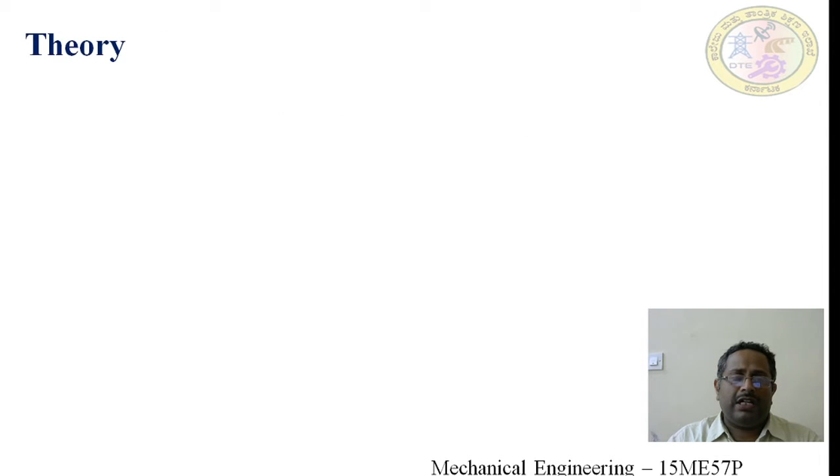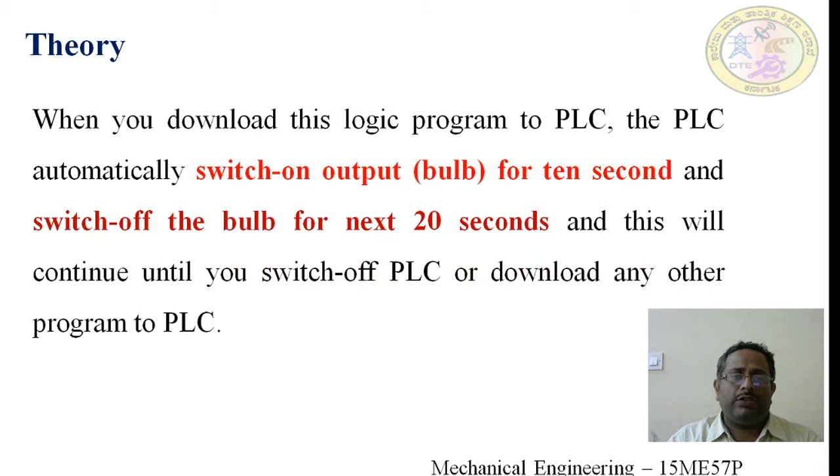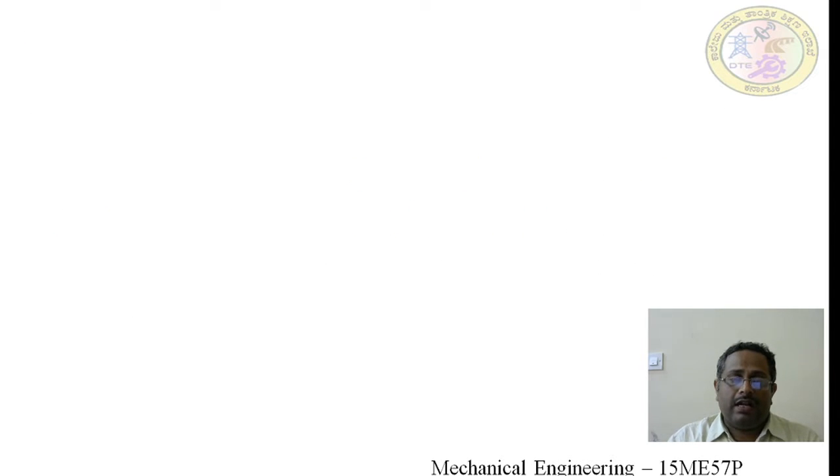Before building a ladder diagram, you have to see some theory. I already told you this experiment is to test the automatic timing circuit. When you download this logic program to the PLC, the PLC automatically switches on. We are not adding any input button to switch on the output. The PLC automatically switches on an output for 10 seconds and switches off the bulb for the next 20 seconds, and this will continue until you switch off the PLC or download any other program to it.